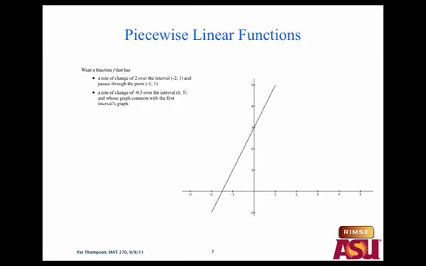So here's this first line that we wrote, this is our f1 line. And we said that we want them to connect. So at x equals 1, we can think of this y value here as what we would get if we plugged x into that first function rule, f1.